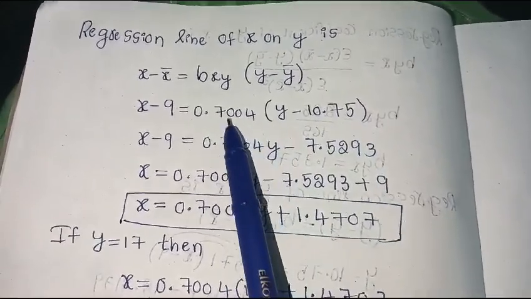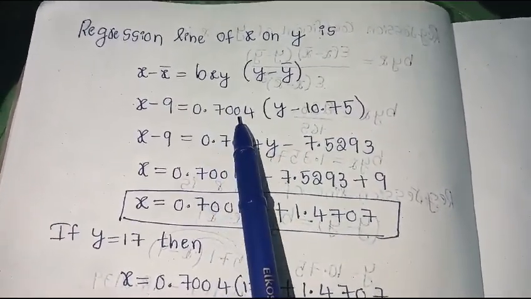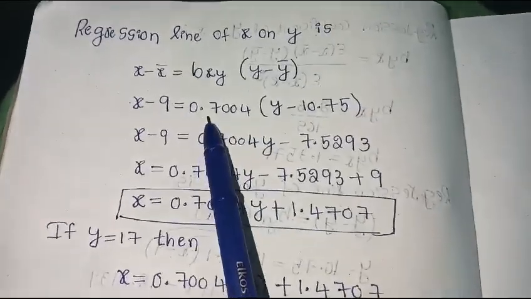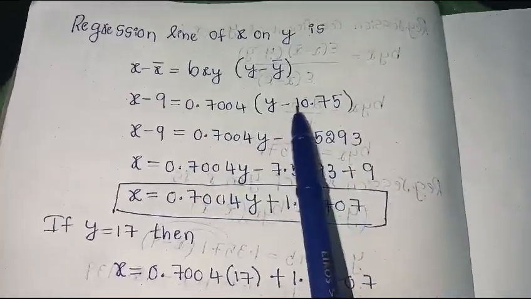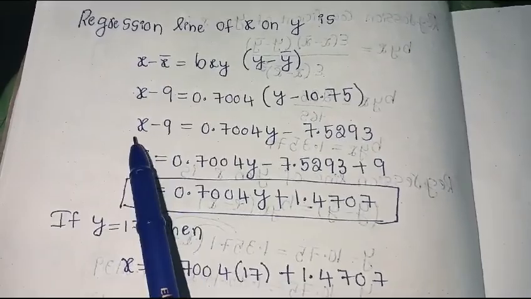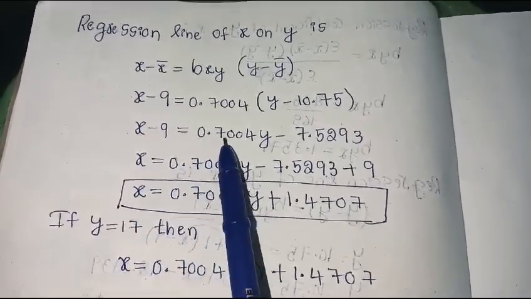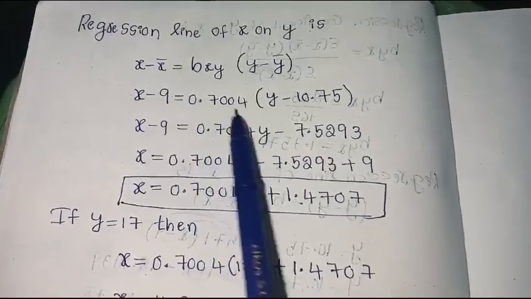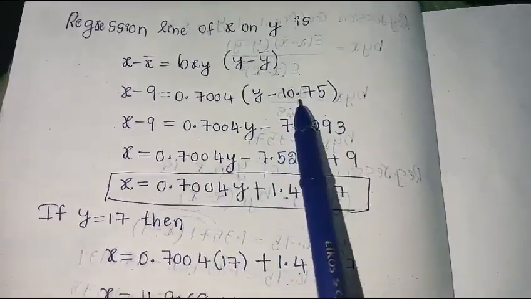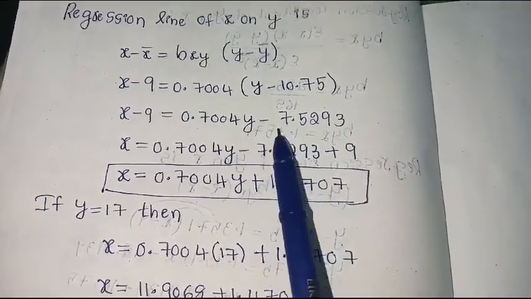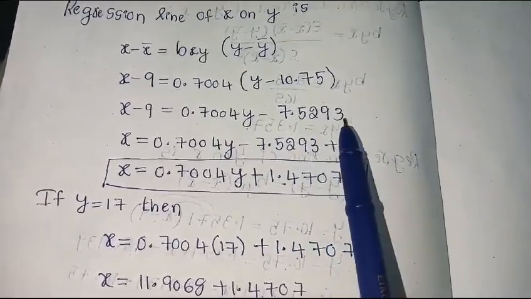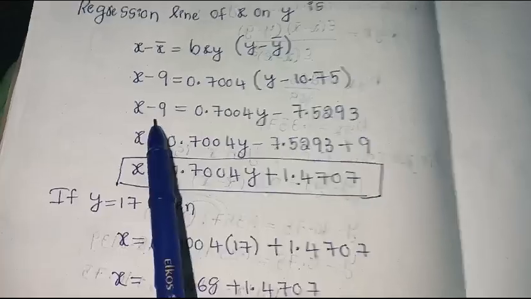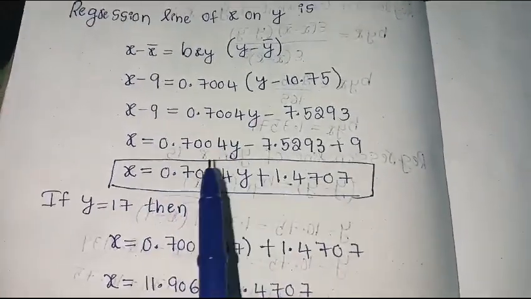Here we are going to multiply 0.7004 into y, 0.7004 into minus 10.75. Then x minus 9 is equal to 0.7004 into y minus, when we multiply 0.7004 into 10.75, the value will become minus 7.5293. Here we are going to send minus 9 to the right hand side, it will become plus.